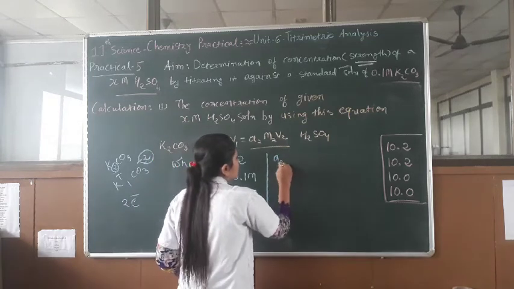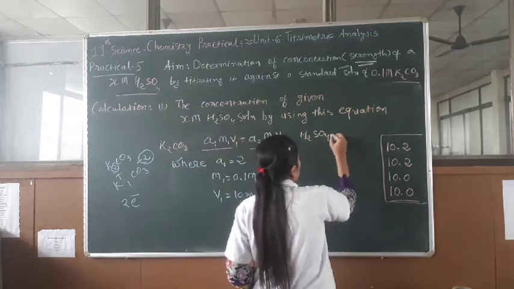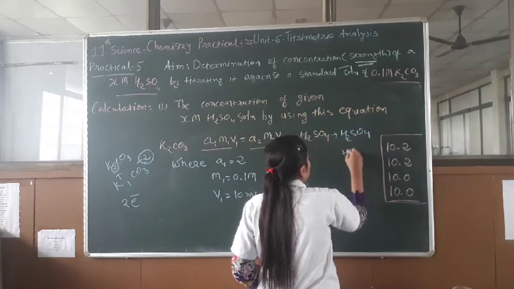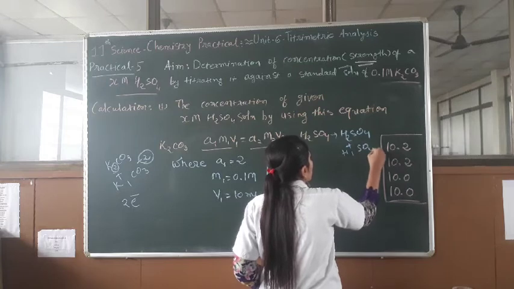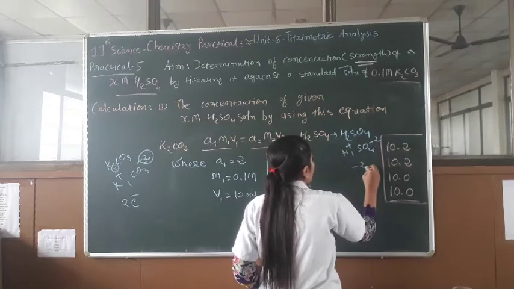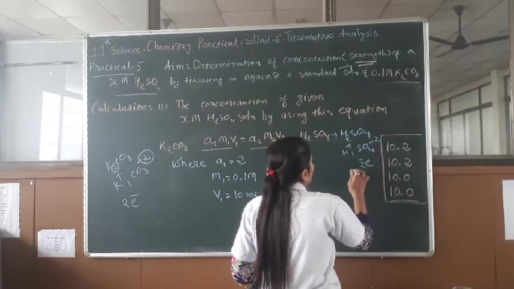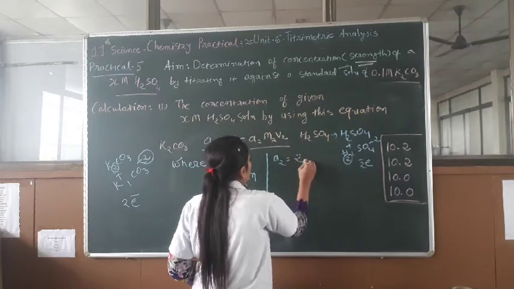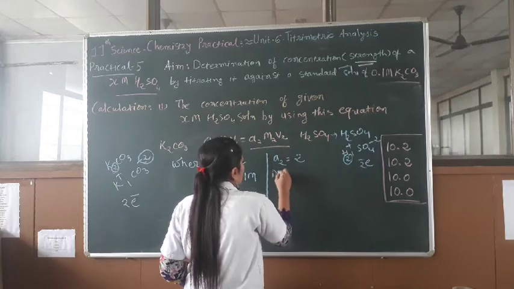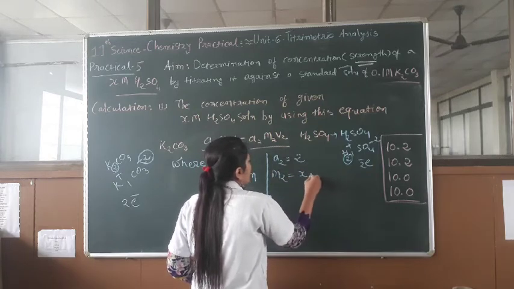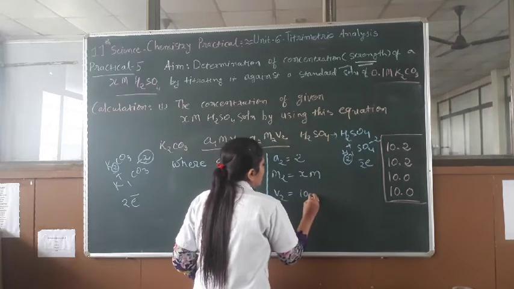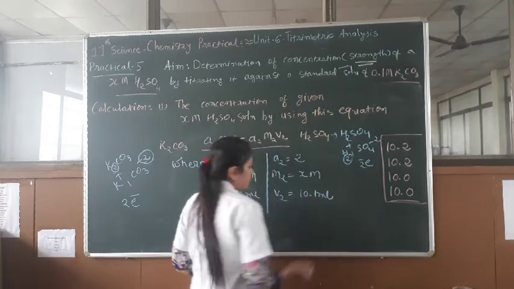Where A2 is for H2SO4: H plus and SO4 minus 2, here again 2 electrons for balance, so we write 2. For M2 we have to find X molar. For V2 we have already found 10.1 ml.